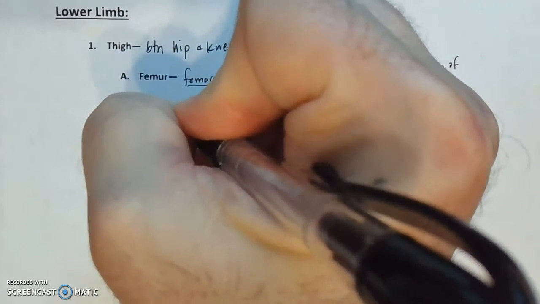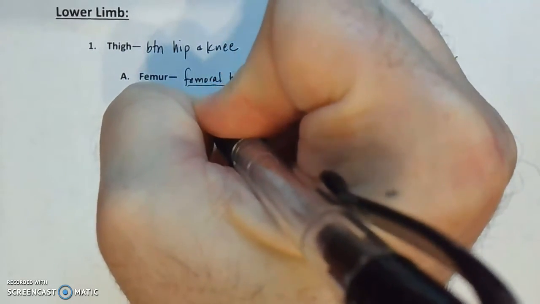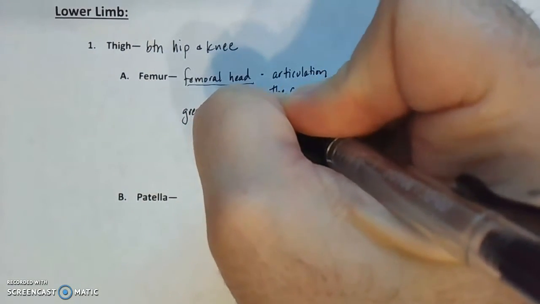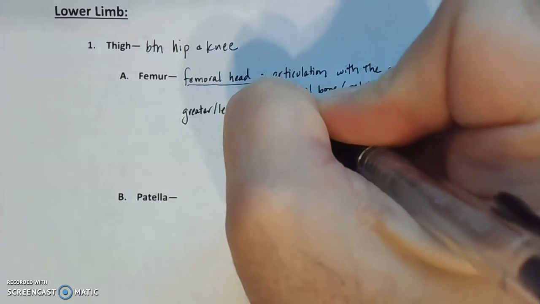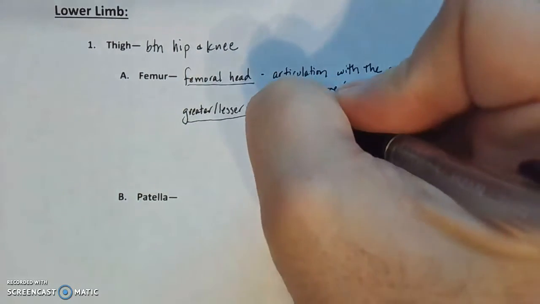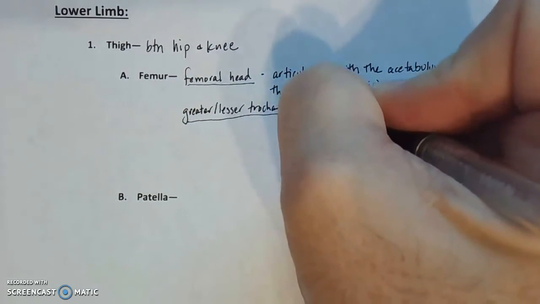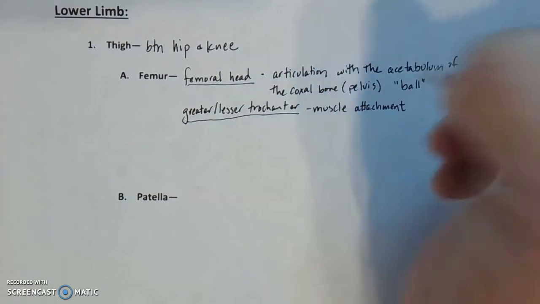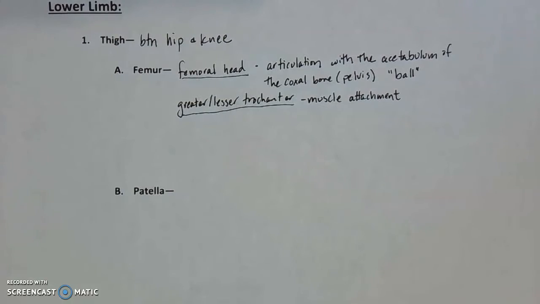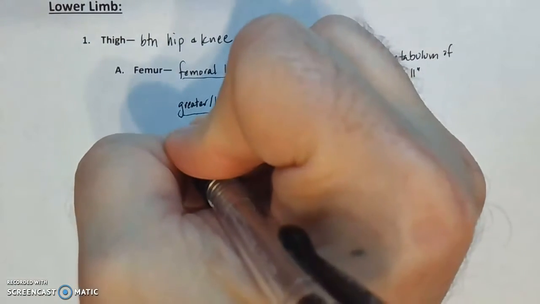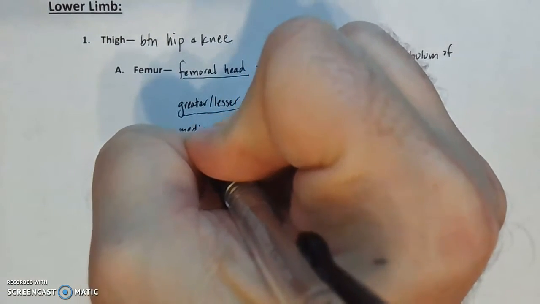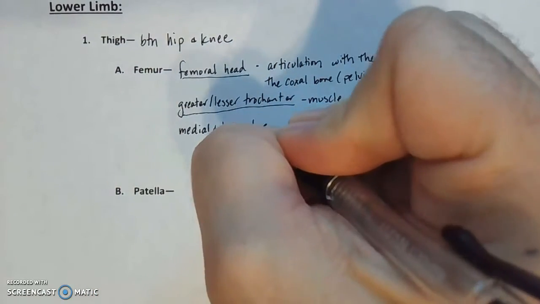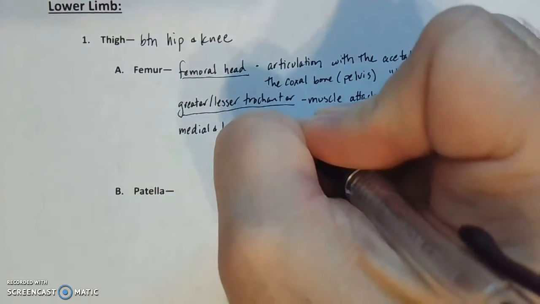We have two trochanters. So we have the greater and the lesser trochanters, which again, these are muscle attachment sites for some of the larger muscles in the leg, which are pretty powerful. We have the medial and lateral epicondyles.